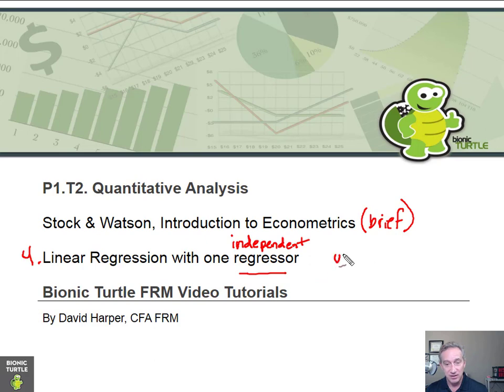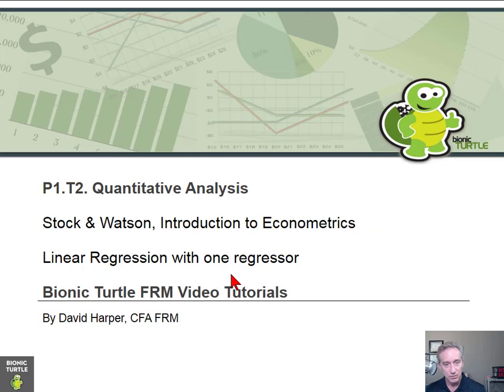And personally, I prefer to call what we're talking about here univariate regression, as opposed to multivariate regression, where we have multiple independent variables. So single independent or one regressor is what we're talking about here in Chapter 4.